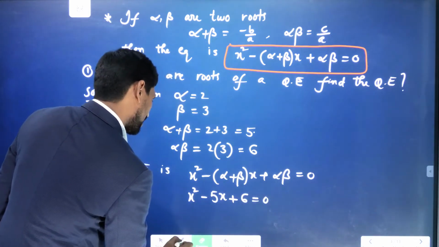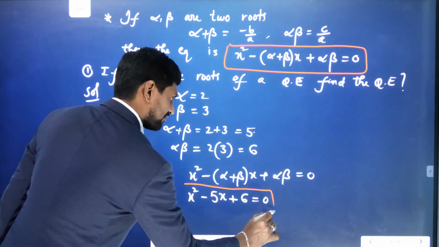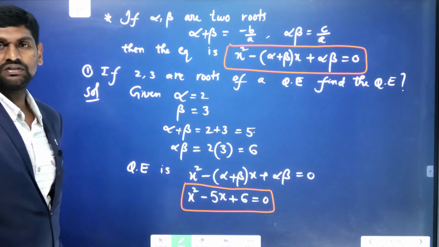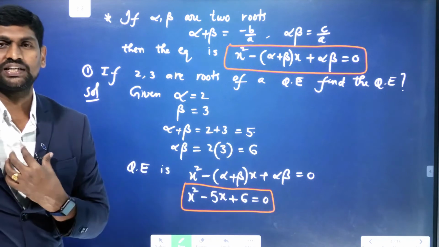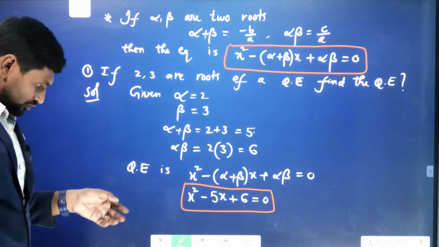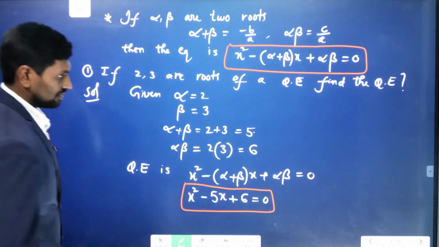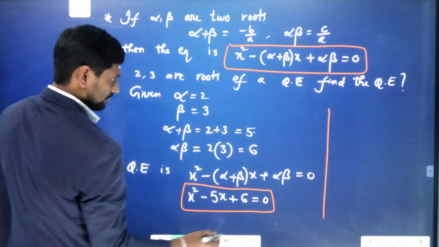Therefore the required quadratic equation is x square minus 5x plus 6. Okay children, if you know the roots, we can find the quadratic equation like this. Please note it.